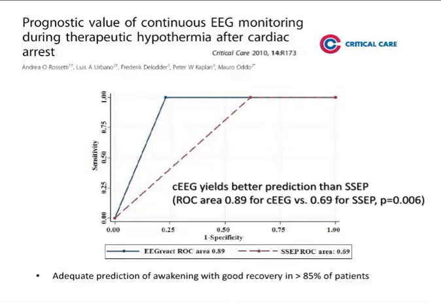Evoked potentials are good when they're absent, I mean, because it's 100% predictive of death. But it's not that good in the 40% of patients where there is something. And if you use EEG reactivity, you go from 65% to 85% of prediction of good recovery.